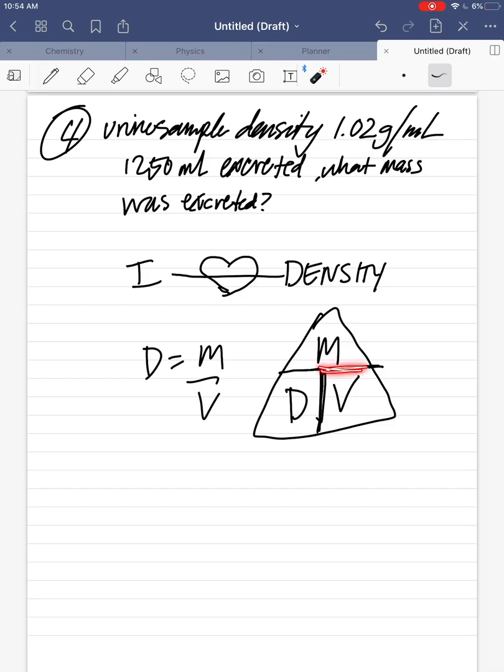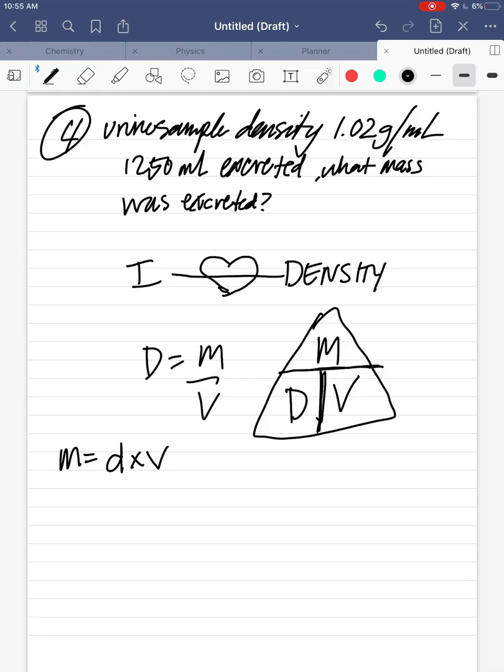These are over each other, so density is equal to mass divided by volume. But let's say you wanted mass. You would cover up mass with your finger and you would see D times V, because when they're next to each other, you multiply them. So the formula for mass is equal to density times volume.